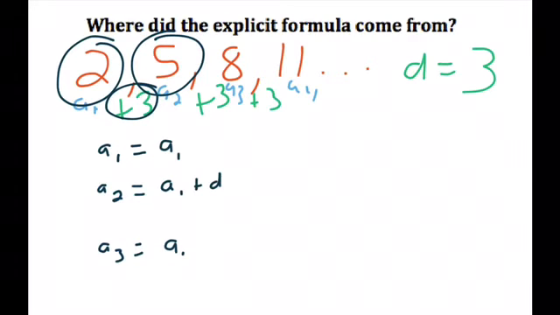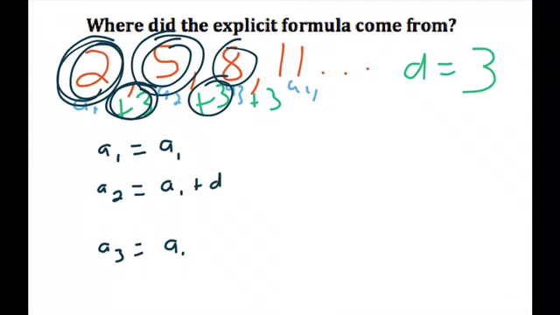Well, I can see that if I'm at a sub 1, which is 2, then I add 3 to get to 5, and then I add 3 again to get to 8. So I have a sub 1 plus 2 D's that I've added now to get to a sub 3. Okay, a sub 4, which is a sub 1 plus, well, to get from a sub 1 to a sub 4, I have to add 3 D's.